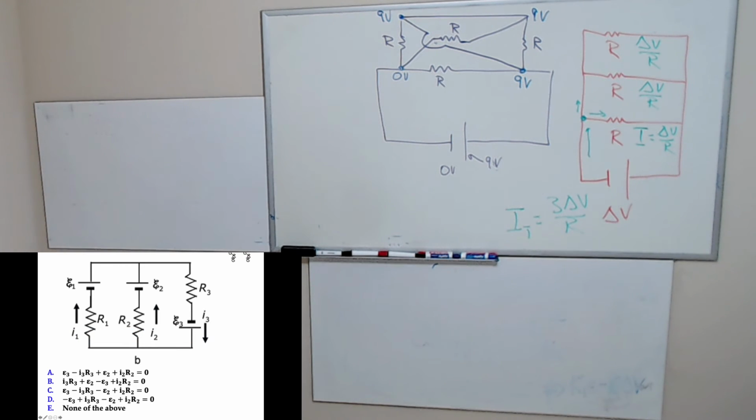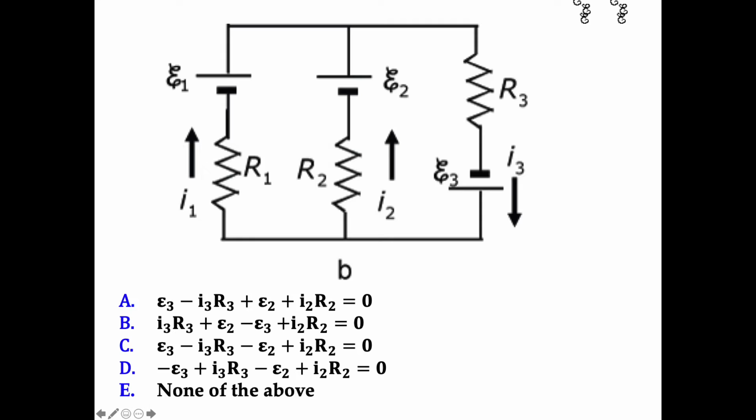So I want to go counterclockwise, starting at point B. So I'm going to start here and go counterclockwise. When I go through the first power supply, E3, is that a gain or a loss? Does the voltage increase or decrease? That's a decrease, right?